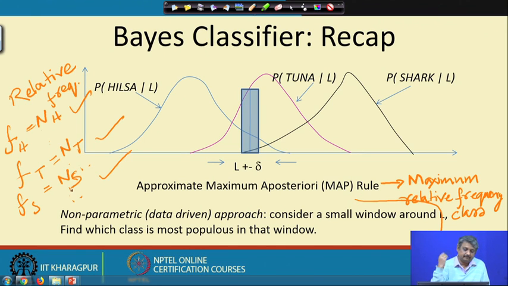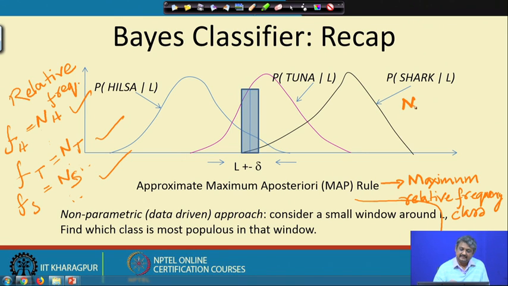So, what I am basically doing is that for a piece of length L, I am taking an interval around it, and I call it a neighborhood around it, and count how many specimen in the training set have a length in that neighborhood, in that interval, and among them, suppose that number is n.